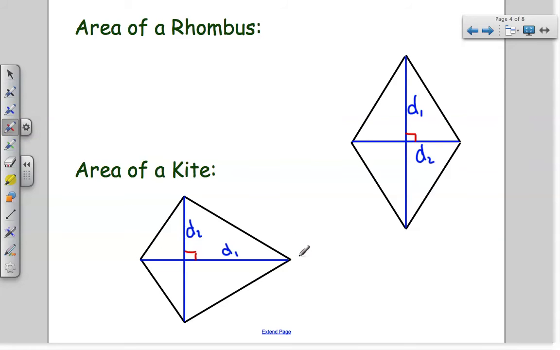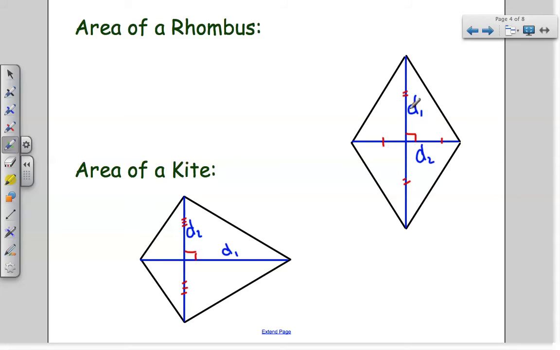You actually do have these diagonals bisecting each other in a rhombus. So if you remember that you have these congruent and these congruent. In a kite, only this diagonal is bisected.